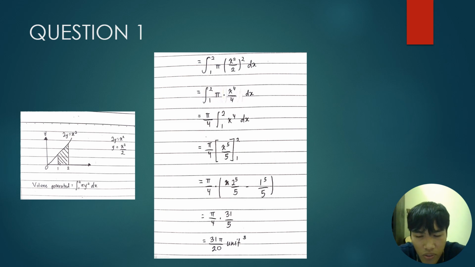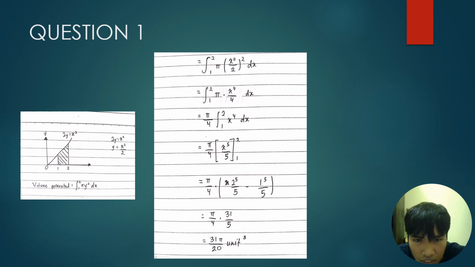So this goes x to the power of 5 over 5. After we integrate it, we can solve by using the limits 1 to 2. So the equation goes pi over 4 times (x to the power of 5 over 5) from 1 to 2. So we substitute x with 1 and 2, the bigger number minus the smaller number.